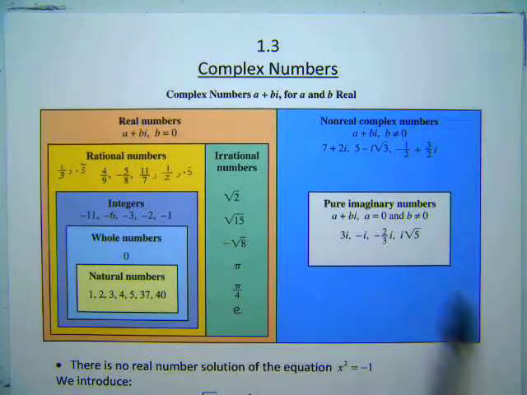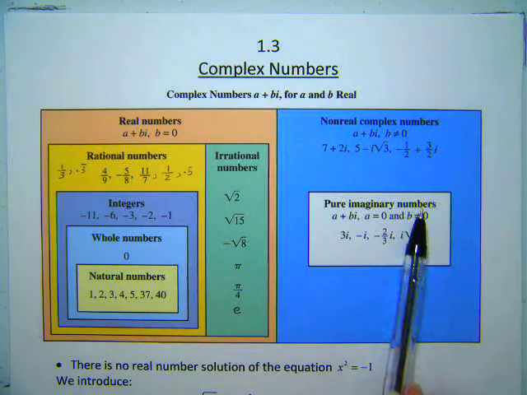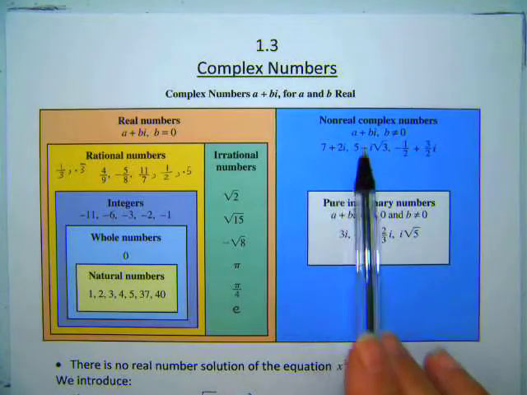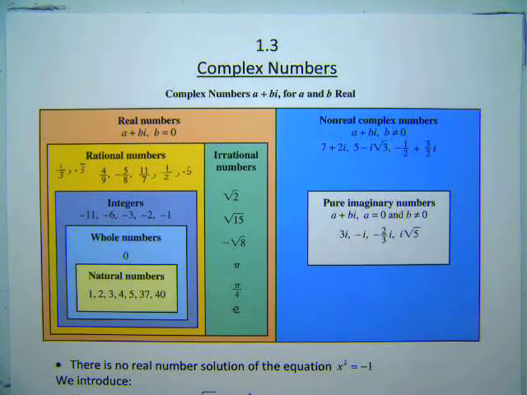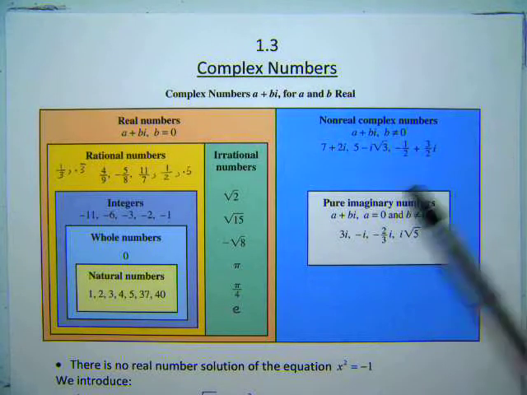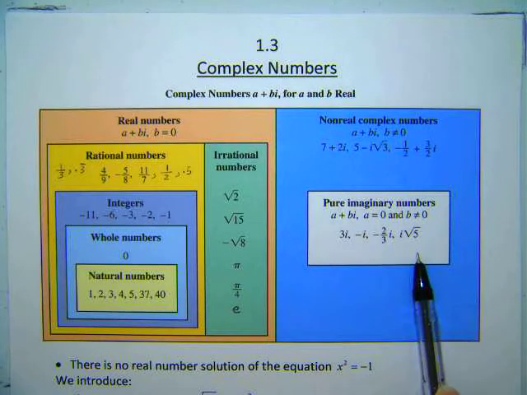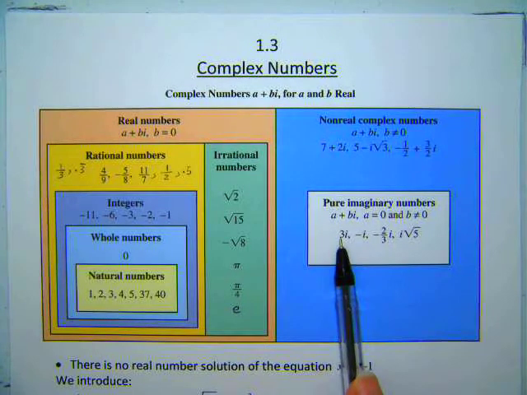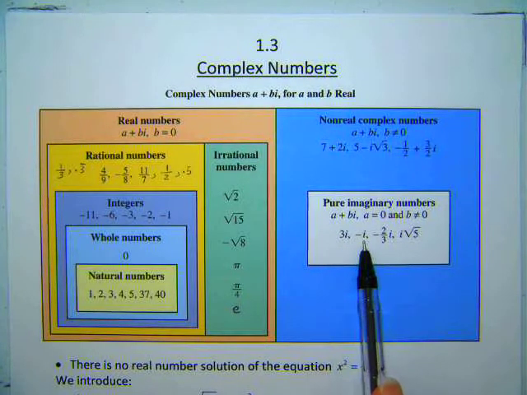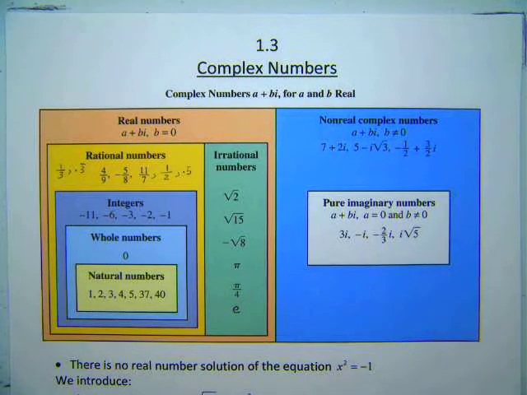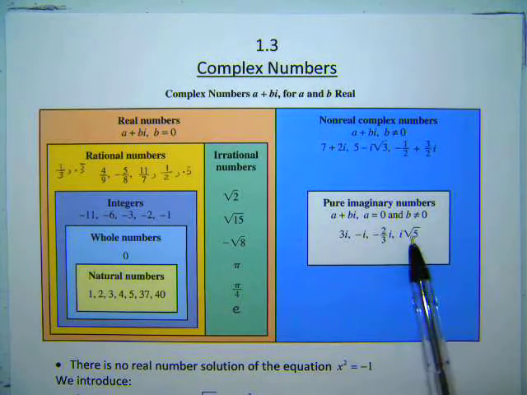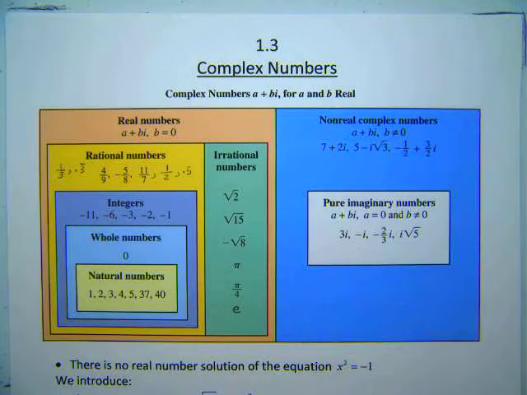And we have pure imaginary. Complex numbers can be written as a plus bi, where a and b are real numbers. Again, you're going to have pure imaginary numbers that do not have the a. It's just 3i, -i, 5i, 7i. All these are called pure or non-real complex numbers.